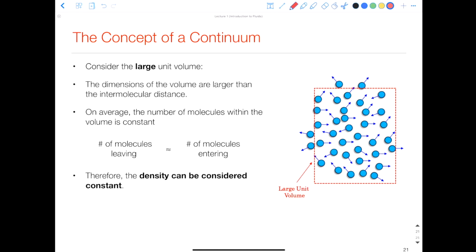So a continuum takes in a volume that is large enough to represent the bulk behavior of a material.